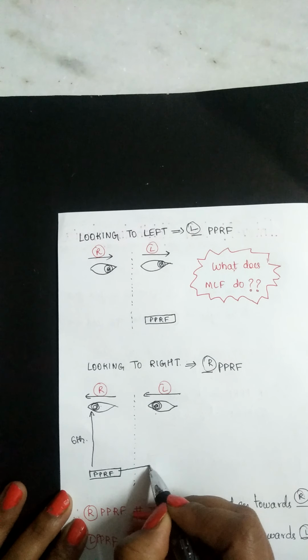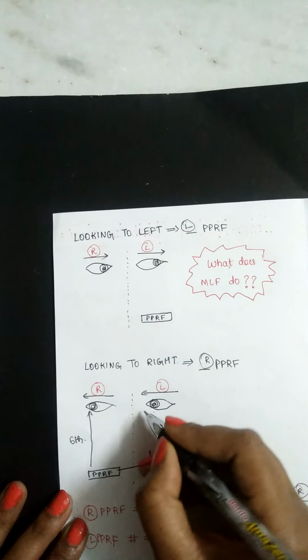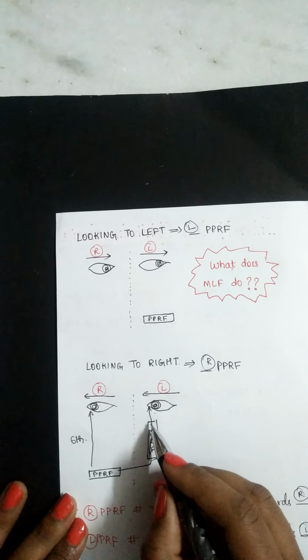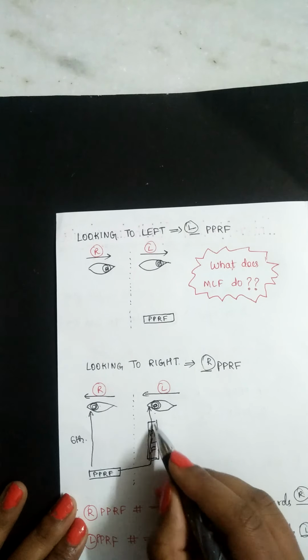But to make the opposite eye adduct, it makes use of what is known as MLF. Here comes MLF. MLF will innervate the opposite side eye with a third nerve connection. Therefore the function of MLF is to adduct the ipsilateral eye by third nerve innervation.